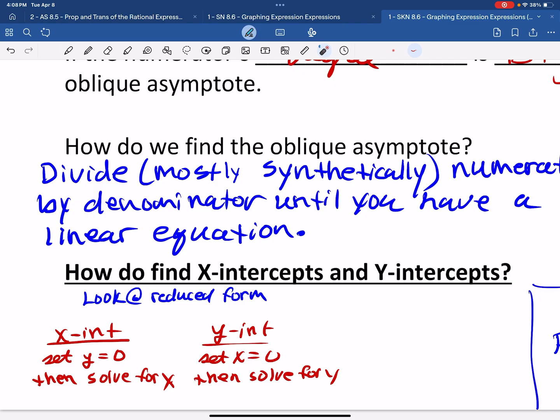Then while we're here, when we do the y-intercept, we are going to be setting x equal to 0 and solving for y. And what I should have written down here, and I did not, is a little star: x and y intercepts are points.